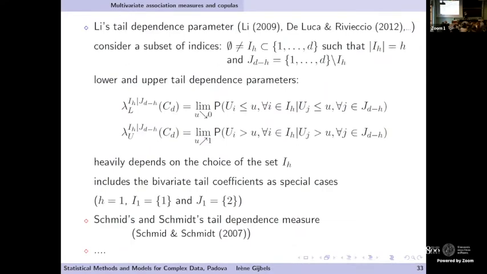Another version that is around, but which is practically less feasible, I think, is that you essentially would choose from your D variables a subset on which you condition, and then the other ones would come in the probability in front. But then the question is, of course, which subset should I look at? Should I look at the temperature and the amount of rain compared with the direction of the wind speed, for example?